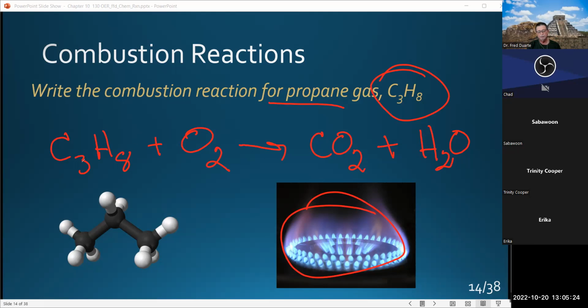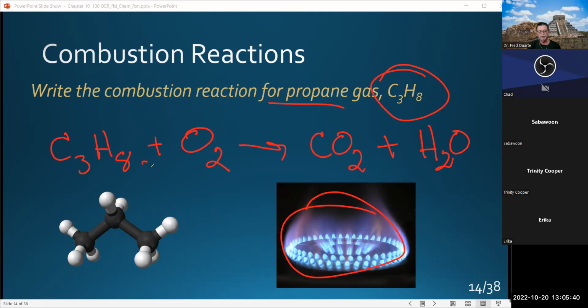There are some hydrocarbons that have a larger number of carbons. Around 6 carbons, and then they start becoming liquidy. But below that, they're gases.